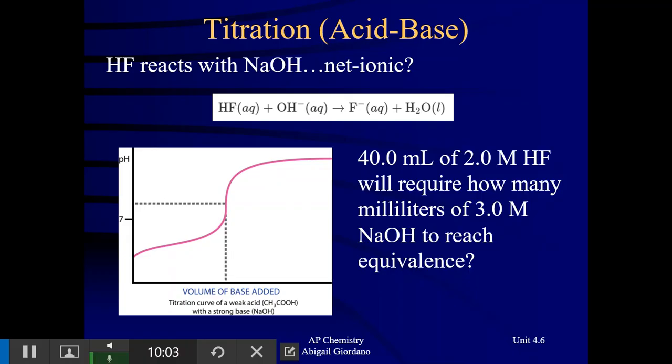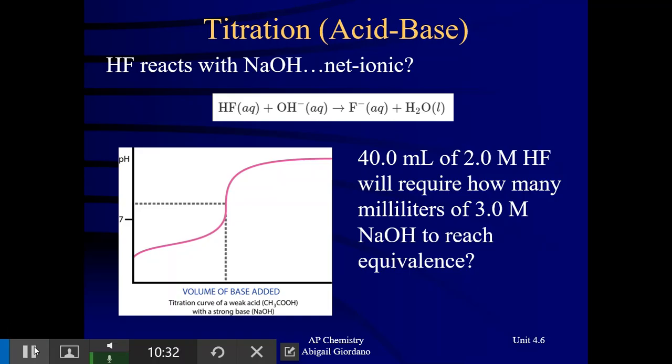That is a combination you're going to see 1,000 times over in this course, a volume and a molarity given together. Okay? So we've been given that information. That much will require how many milliliters of 3 molar NaOH to reach the equivalence point. Okay? So I want you to pause your video and see if you can solve this.